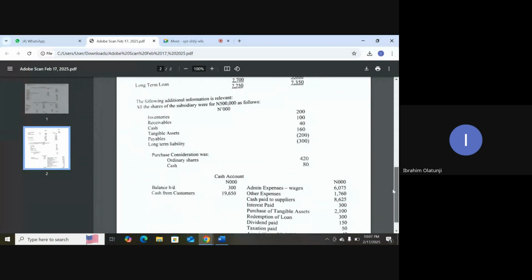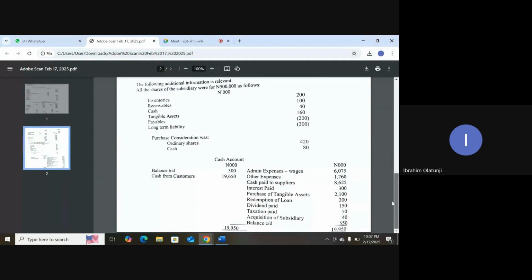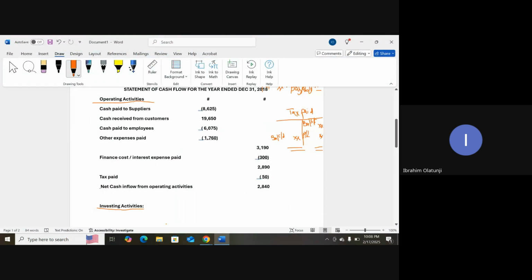Let's check. I can see purchase of tangible assets, 2,100.